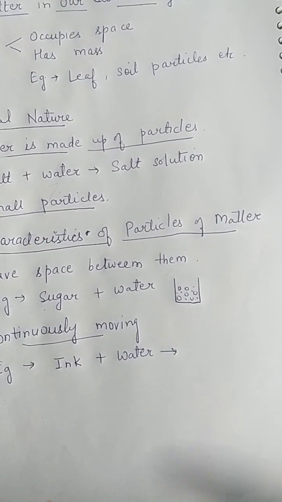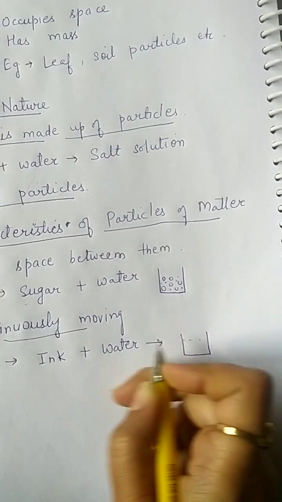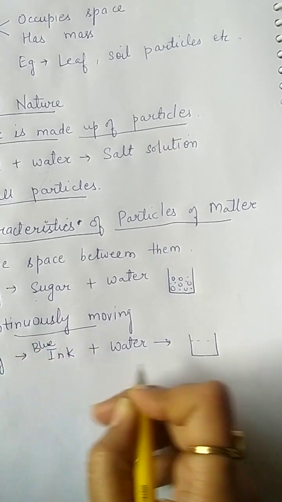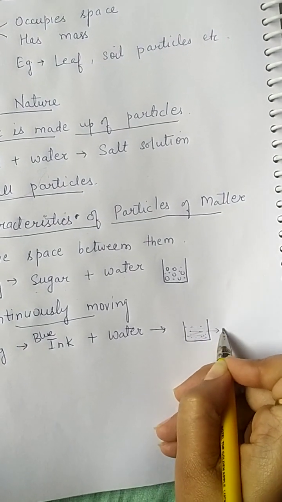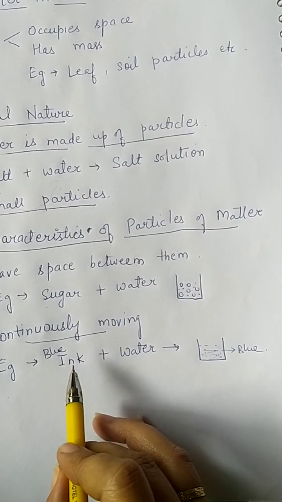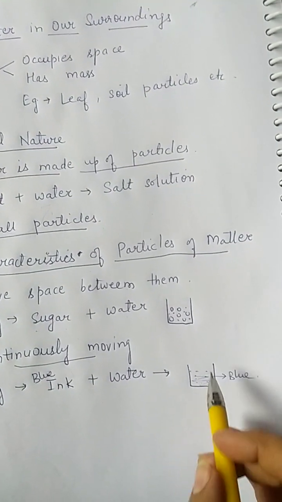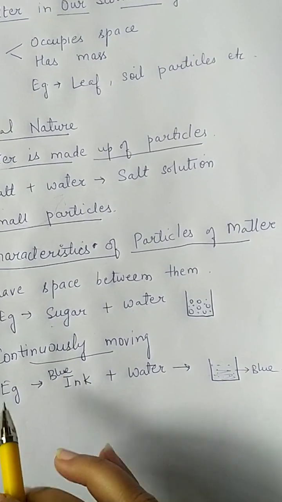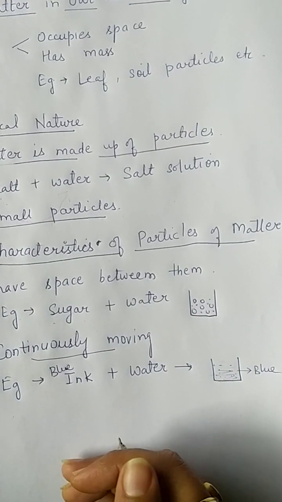What do we observe? We observe that after some time, suppose we have added blue colored ink, the water turns blue. So this shows that the particles of ink slowly and continuously move and they mix up with the whole water. So particles of matter are continuously in motion.